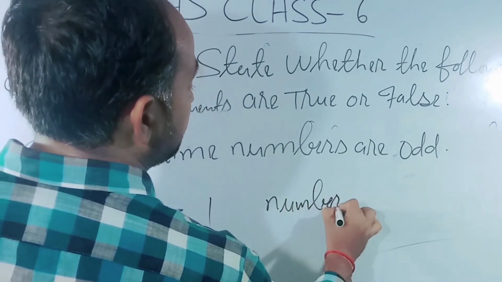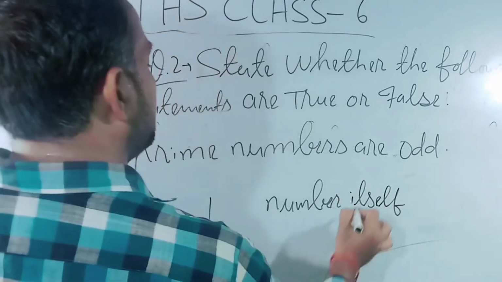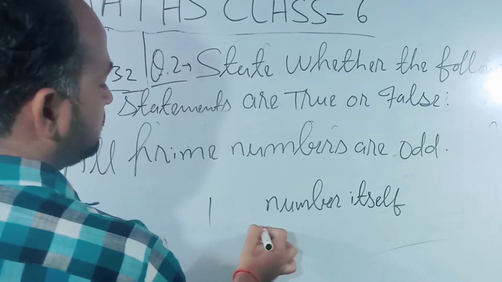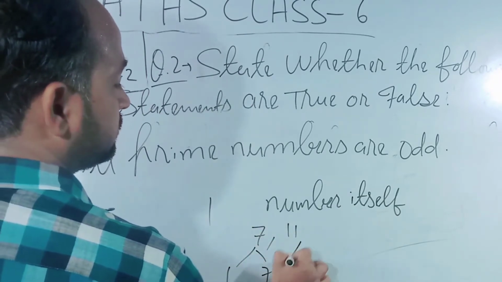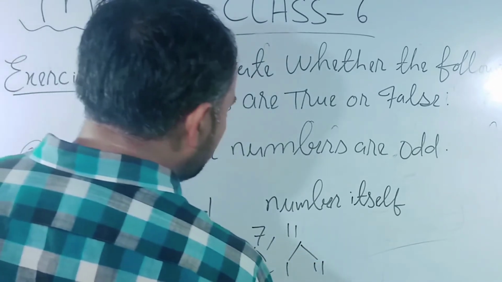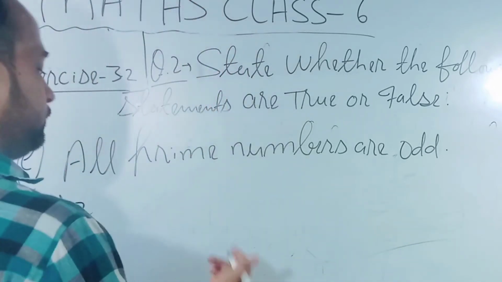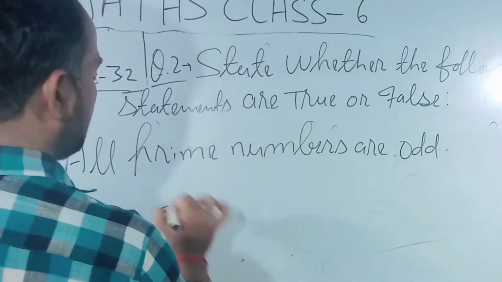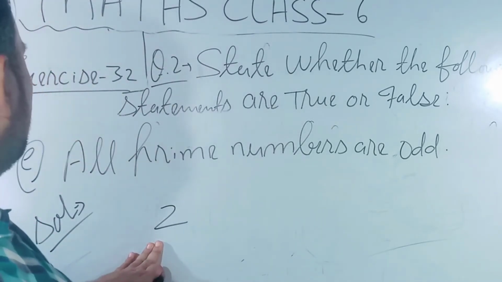For example, 7, 11. You can see only two factors. As we know, the smallest even prime number is 2.